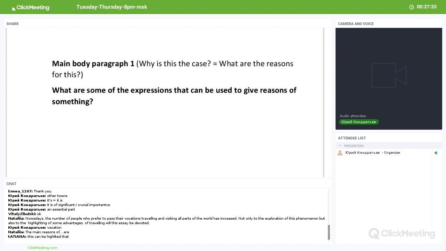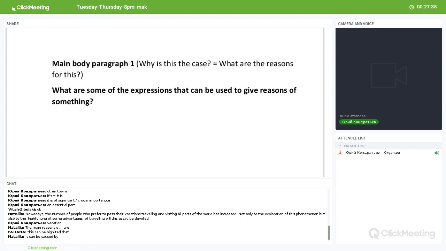If you say it can be highlighted that, it's like it is possible to say that. It can be caused by. Okay, usually it's not it, but something can be caused by something else. And you can use it, certainly, but not in the beginning of your main body paragraph. So somewhere in the middle, you talk about some phenomenon, and then you say, well, this can be caused by, and then you give a reason. Absolutely. So it's also very nice because it's passive voice. It will be beneficial for your grammar range if you use it.